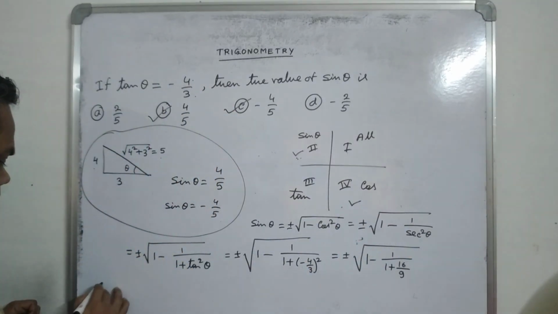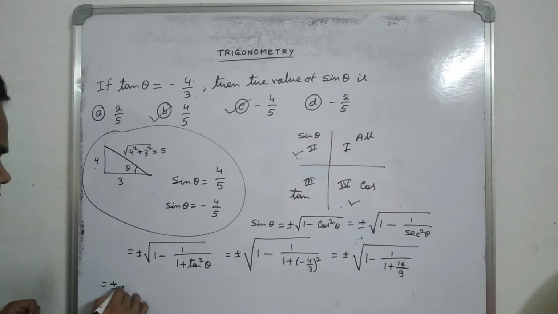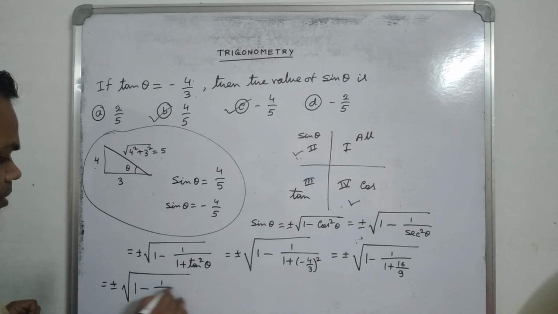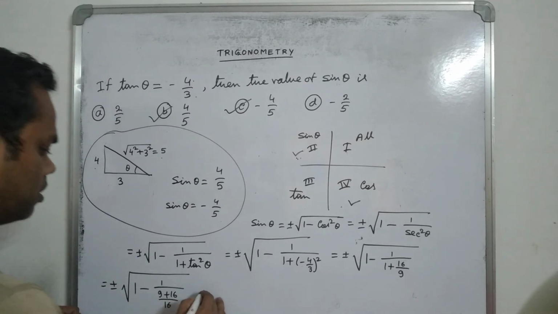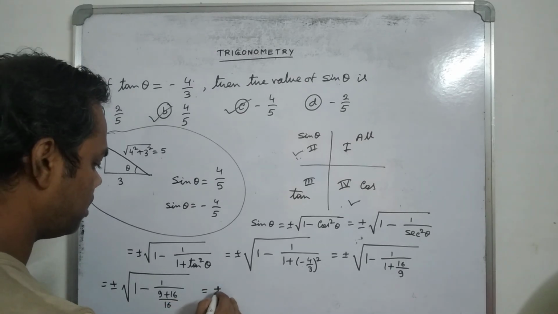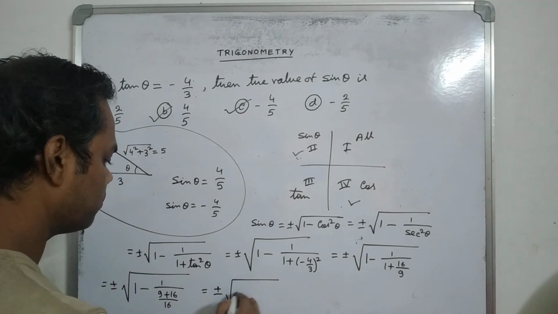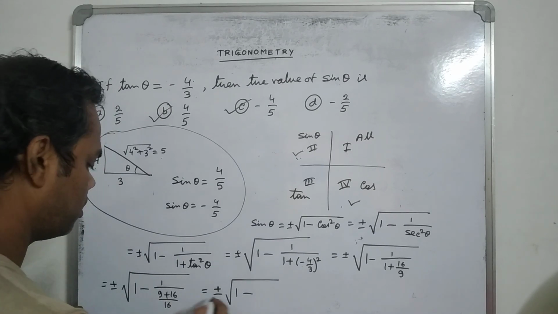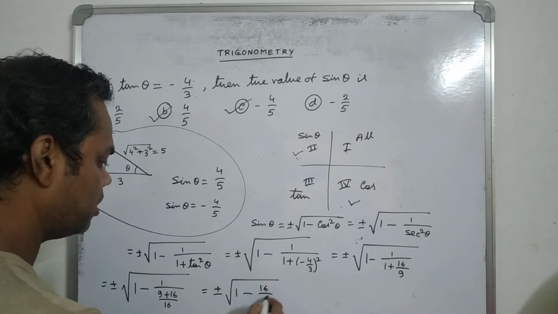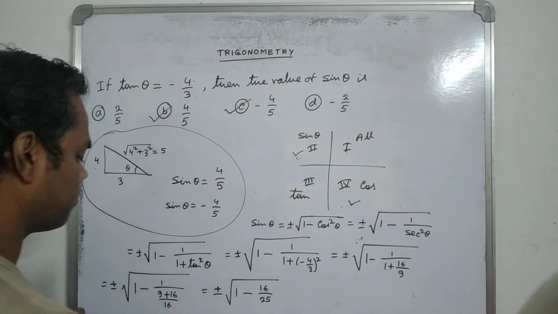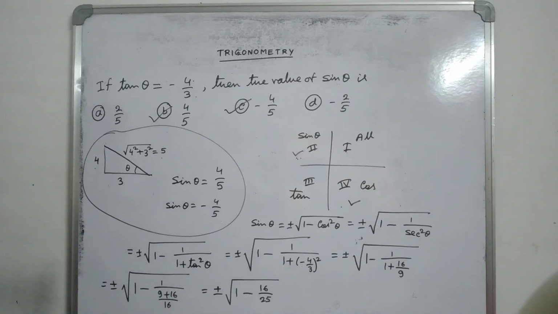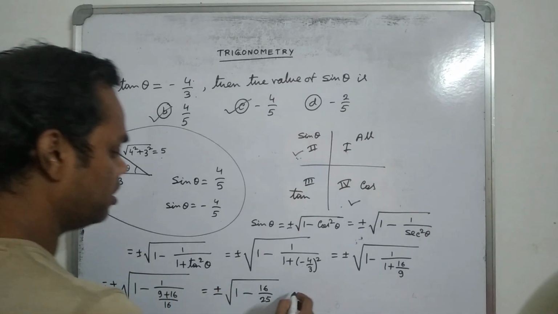So plus minus square root of 1 minus 1 by 1 plus 16 by 9, which equals plus minus square root of 1 minus 9 by 25. 9 plus 16 is 25, and 9 is here in the numerator.